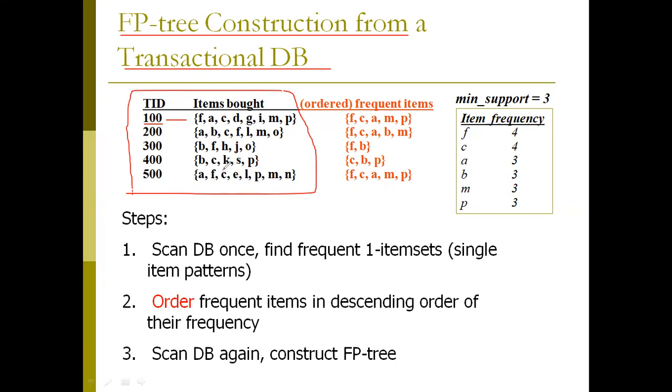Now, by taking this database, we are going to construct an FP tree. How are we going to construct one FP tree based on this given data set? First of all, you need to take each and every individual item as a set, which means F is one item set, second A, C, D, G, I. Same here, I'll write here.